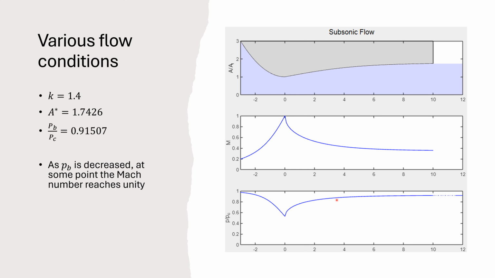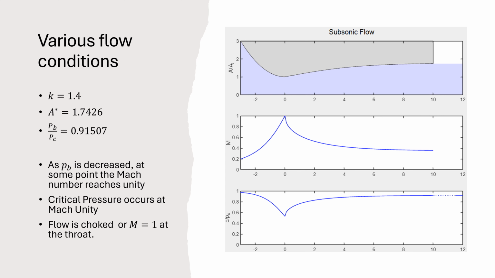And so basically we have reached Mach unity. And what happens at Mach unity is the critical pressure also occurs, and what this means is that the flow in the throat is at its maximum, which equals 1, and the flow basically chokes at the throat.